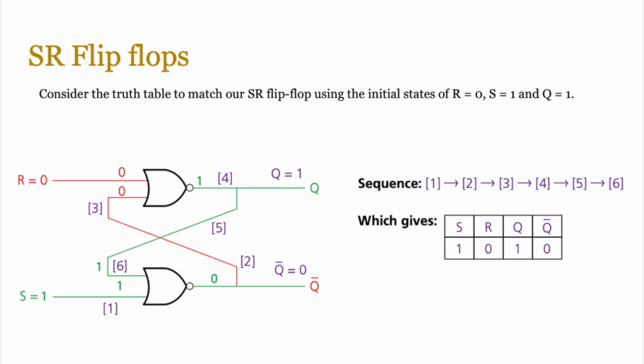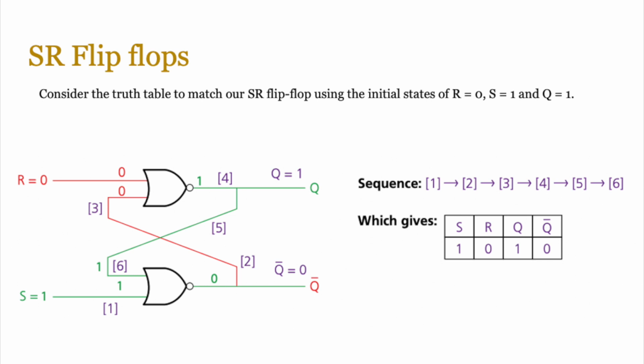When Q is 1 and when S is 1, you get 1 and 1 into the second NOR gate. And the result of that, the output, not Q, is 0. And now that becomes the input for the first NOR gate. So now you've got R equals 0, not Q as 0. And when you pass that to a NOR gate, you end up with 1. So you can see how the cycle will just continue like this forever.